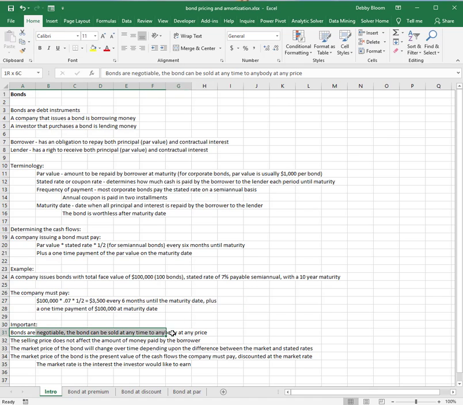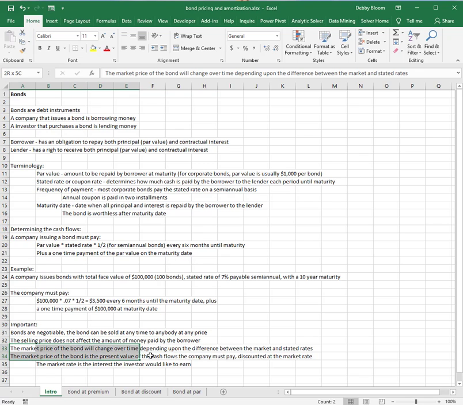It's also possible that somebody who doesn't understand these bonds might pay $1 million for this bond, but it doesn't matter what you pay. You're still only entitled to $3,500 every 6 months until maturity, plus a one-time payment of $100,000 at maturity date. At that point, the loan is repaid. So, as I said before, the selling price does not affect the amount of money that is going to be paid by the borrower.